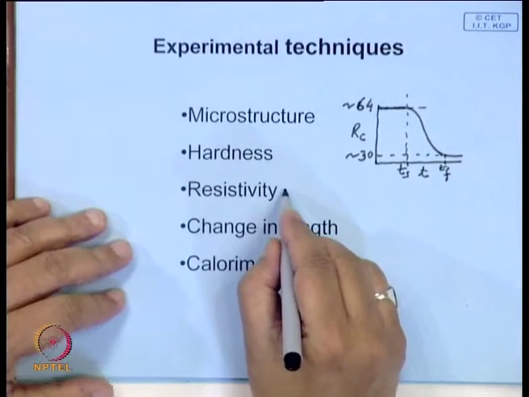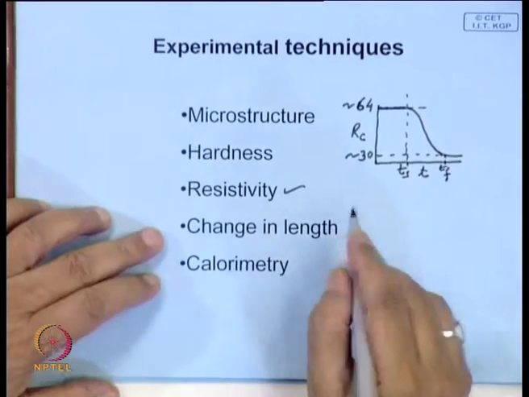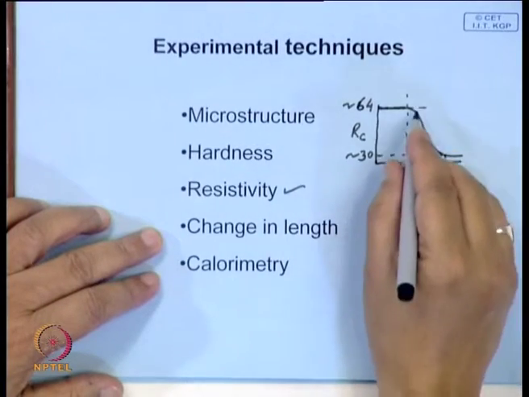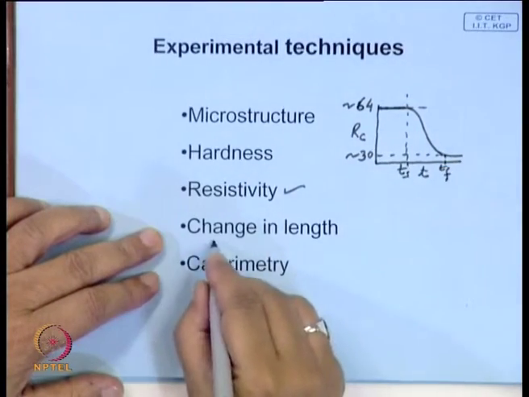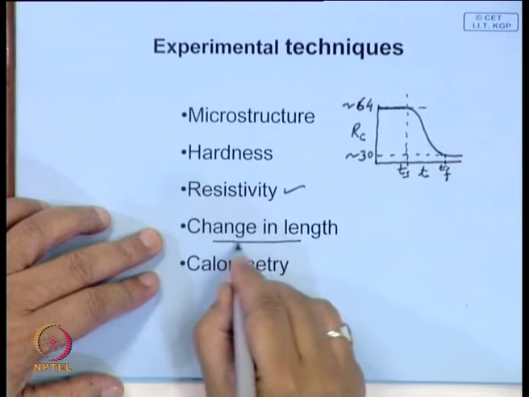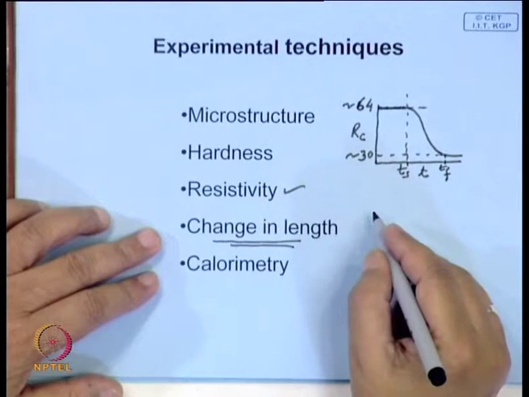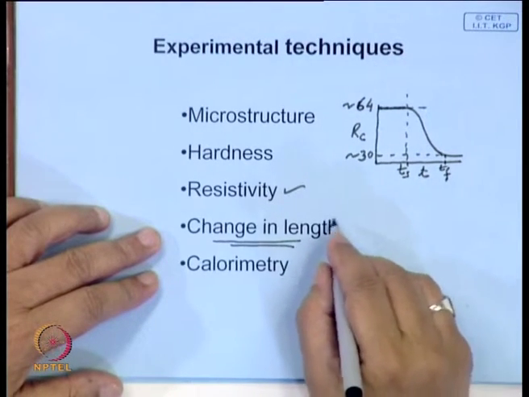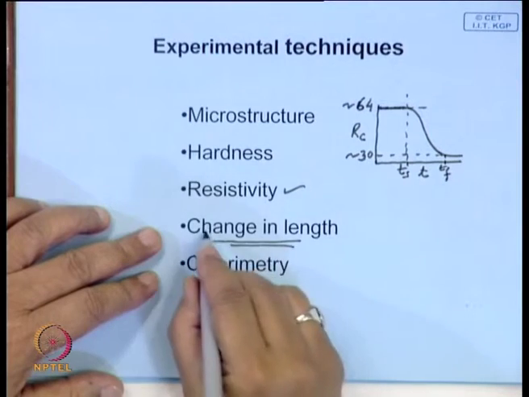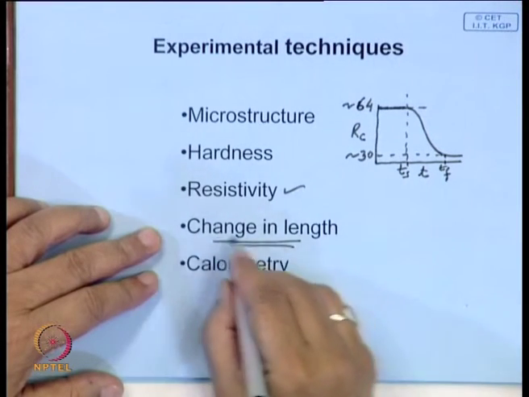The same thing is possible with resistivity, and it is also possible to follow this type of transformation by measuring the change in length. Whenever any phase transformation takes place, the crystal structure may be changing, there is a redistribution of solute element which results in change in length.